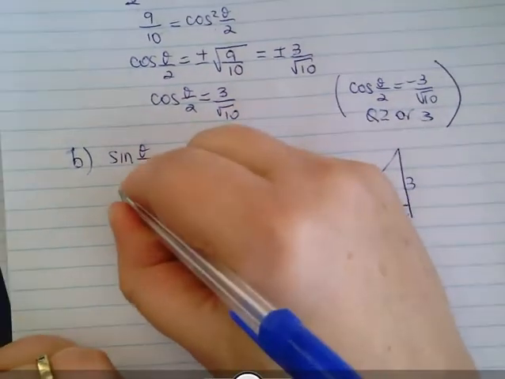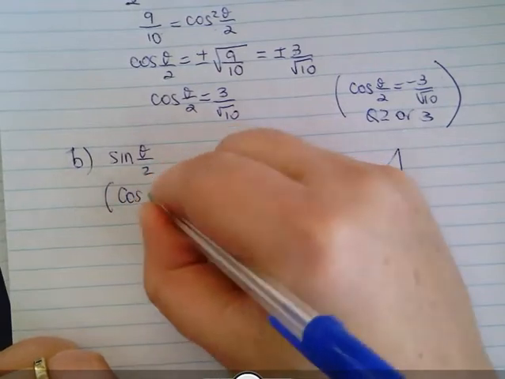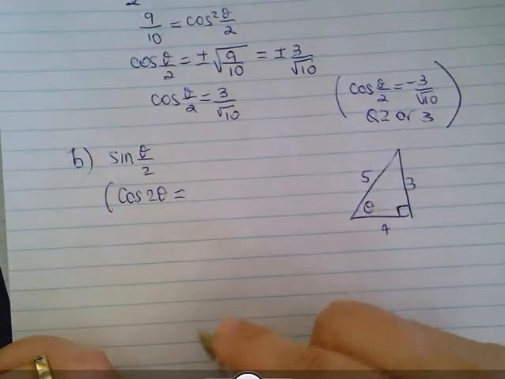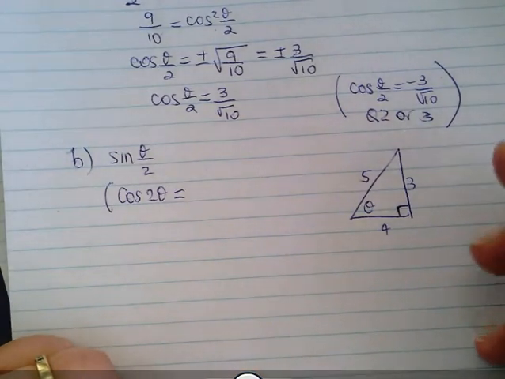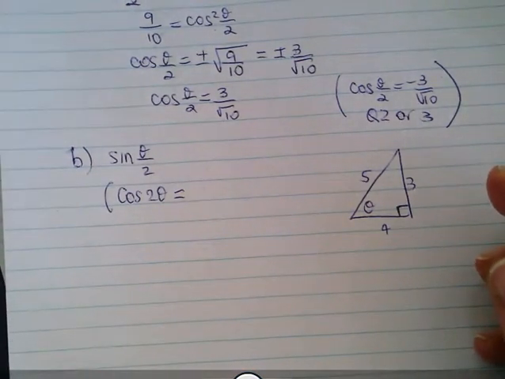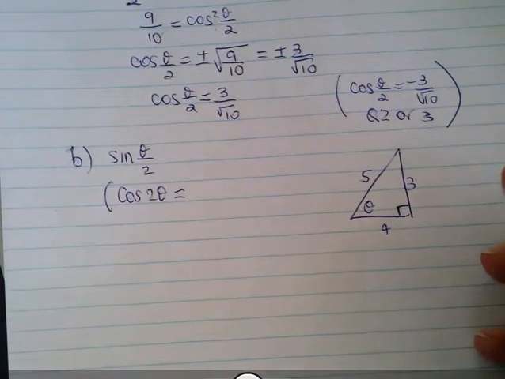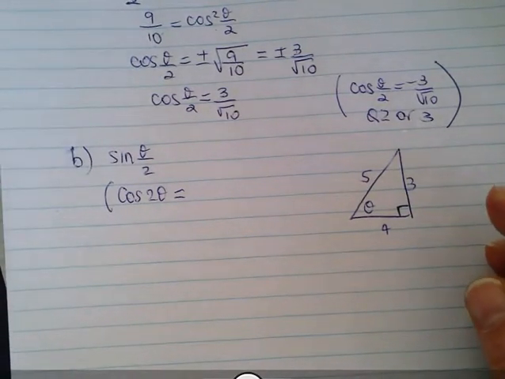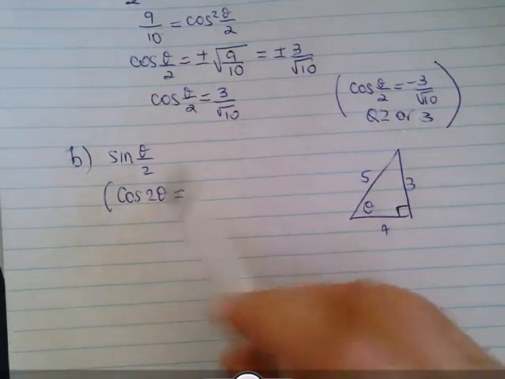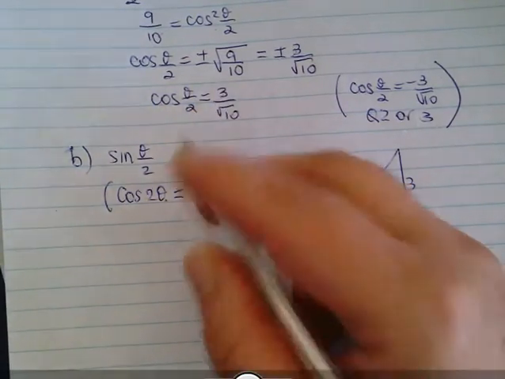Why don't we still use the double angle result? You could use the double angle result for sine, I suppose. You could use any of the 3.